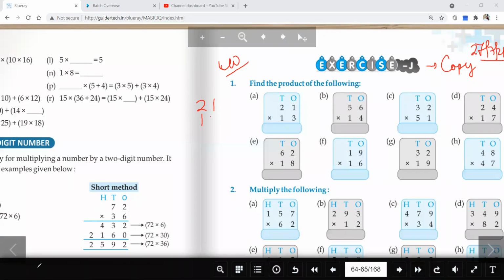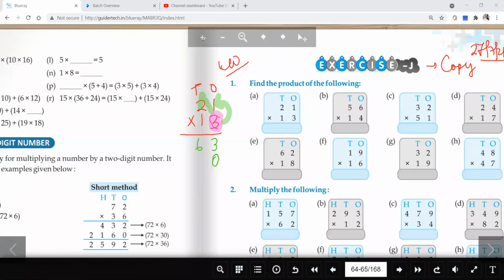21 into 30. So for this type of sum, what we need to do: we first multiply with 3. We first multiply 1, and after that, okay, how much is the answer coming? The answer is coming 60.